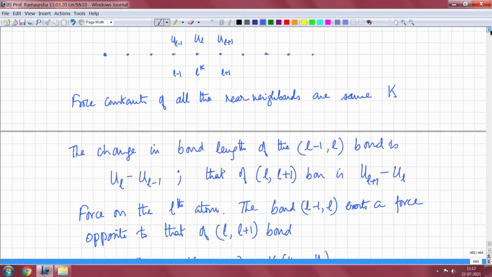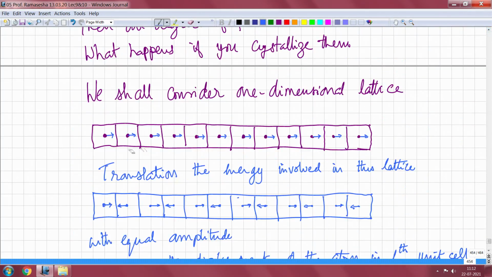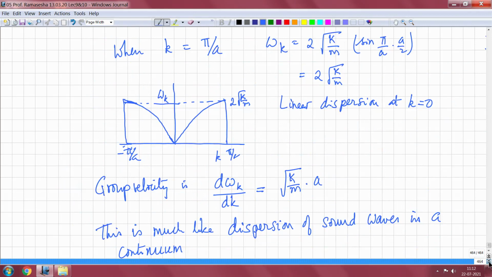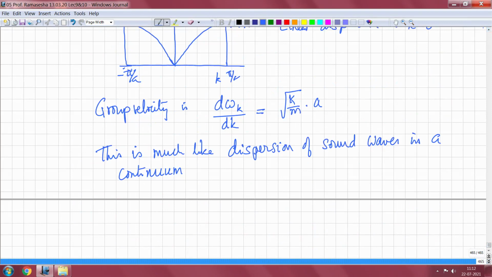The reason I say that it is a sound wave is because all the atoms are creating a density wave, since the density is changing as the chain oscillates, and density waves are nothing but sound waves. So it is the densities that are oscillating, and so you have a sound wave. And that is why this is called the acoustic branch.